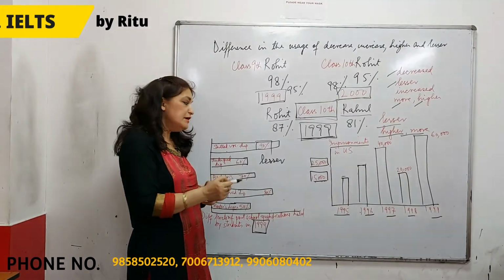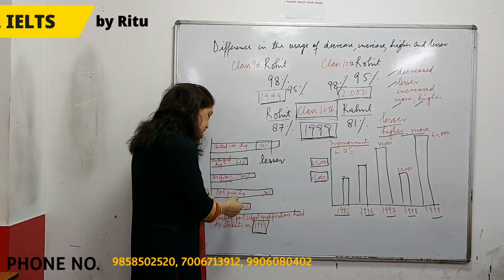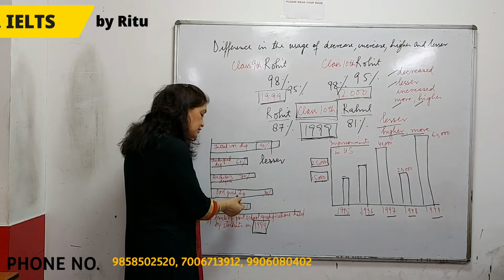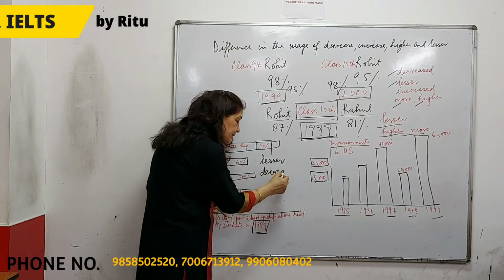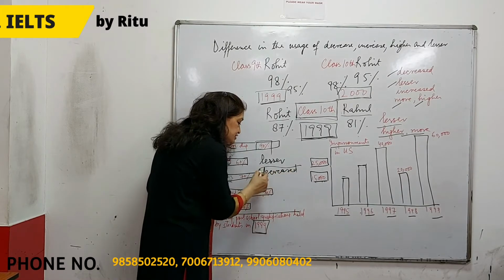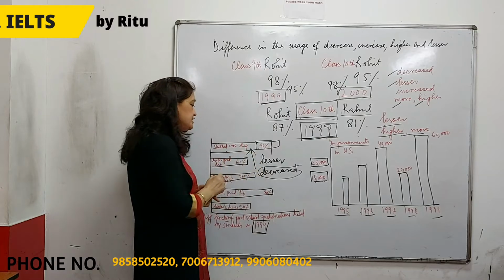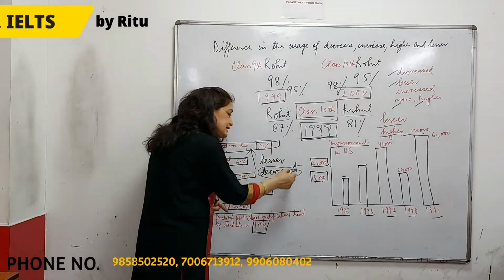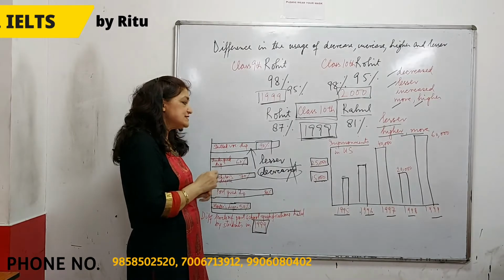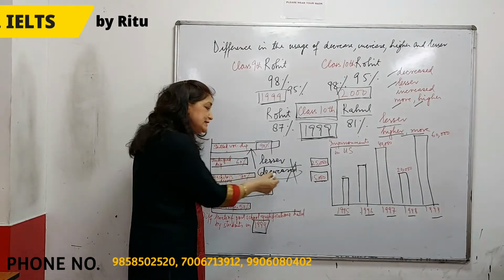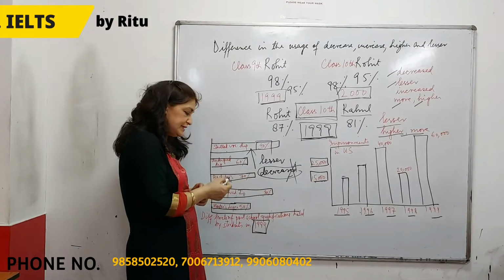Here if I say, which shows that the percentage of students opting for postgraduate diploma decreased in comparison to skilled vocational diploma, my sentence would be absolutely wrong, because I cannot use the word decreased or increased here.